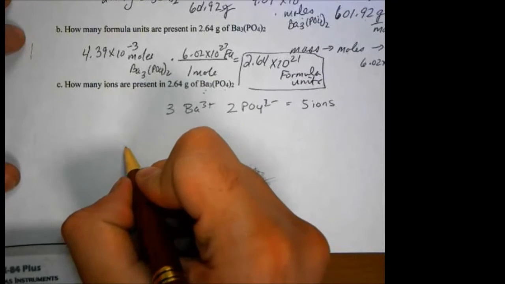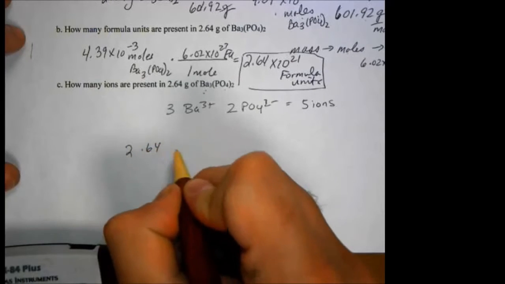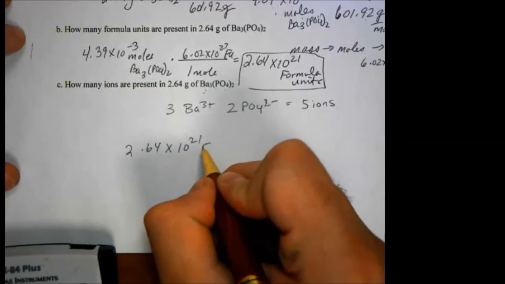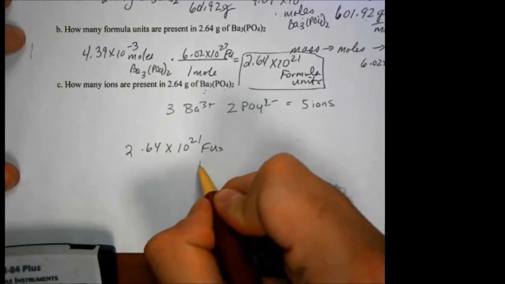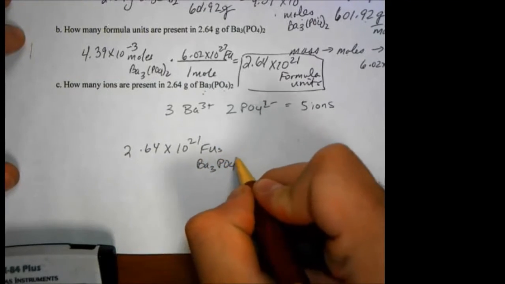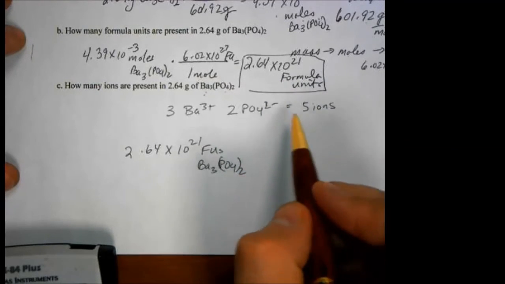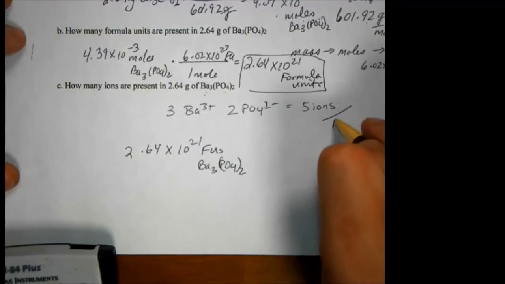So if we take 2.64 times 10 to the 21st formula units of barium phosphate, we can then multiply by the fact that there are 5 ions per formula unit.